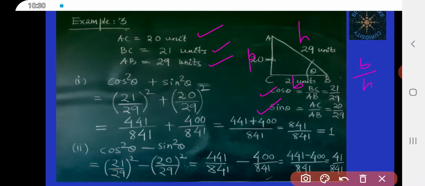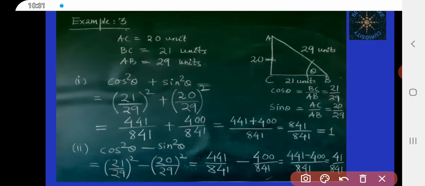Okay, so B by H means BC by AB, that is equal to 21 by 29. Similarly, we get sin theta, that is P by H. Here P is AC by AB, that is equal to 20 by 29. Okay.